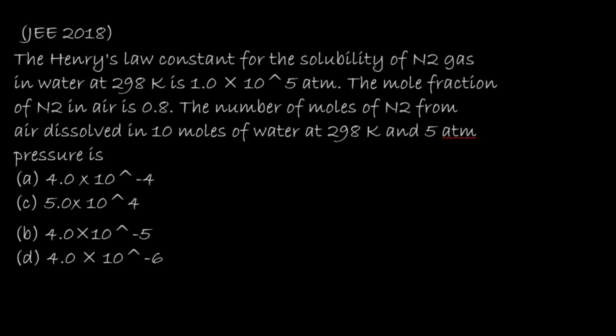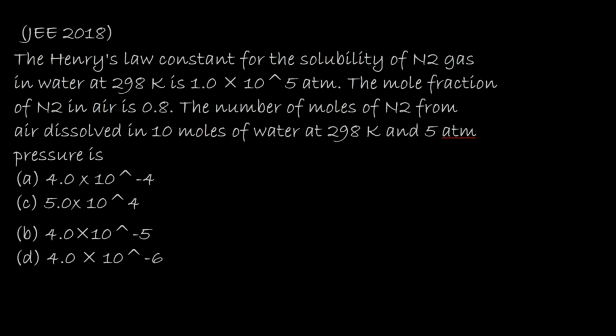Let's solve this problem, which is asking about Henry's law constant. The Henry's law constant for the solubility of N2 gas in water at 298 Kelvin is 1 into 10 to the power 5 atm. The mole fraction of N2 in air is 0.8. Find the number of moles of N2 from air dissolved in 10 moles of water at 298 Kelvin at 5 atm pressure.